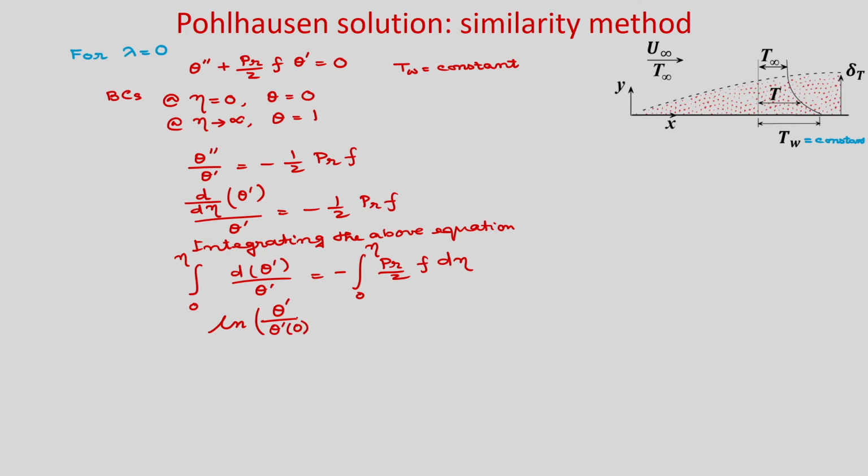Okay. So, at eta is equal to 0, this is having some constant value, right, theta prime 0, because at eta is equal to 0 you are finding the temperature gradient, is equal to minus 0 to eta Prandtl number by 2 f d eta.